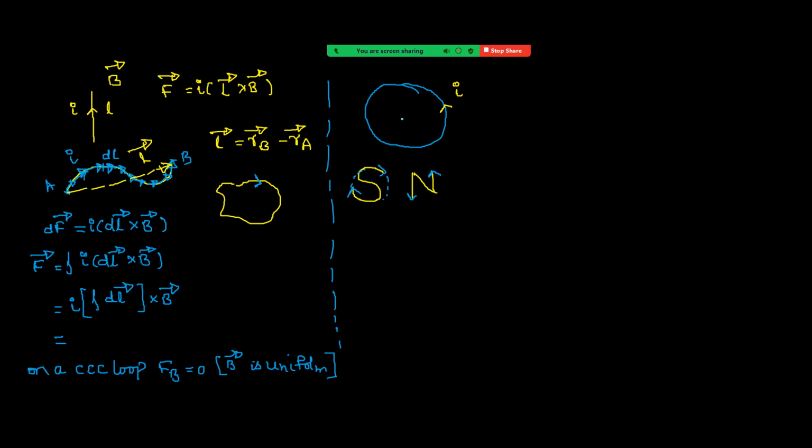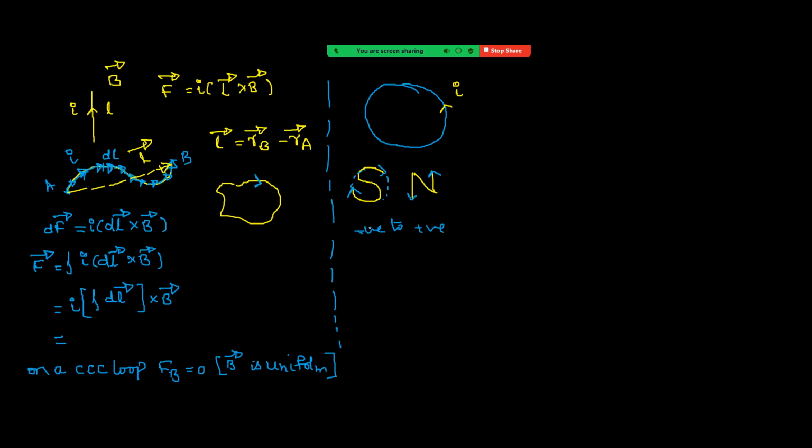And if you remember, while discussing electric dipole in electrostatics, we have defined electric dipole moment. In the same way, here also we define magnetic dipole moment. And if you remember, direction of electric dipole moment is from negative charge to positive charge, right?